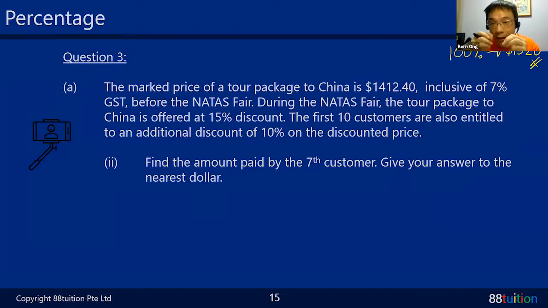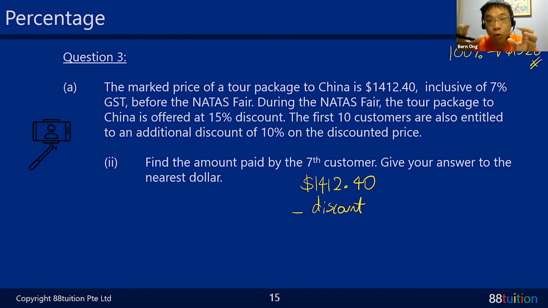If you take this amount here, 1412.40, and then give a discount, discount means you minus, so you will discount on the tax also. The tax is not given to the company. The tax is given to the government. So you cannot say that the government gives me a discount. It doesn't make sense. So remember that your goods and services tax is the final calculation.